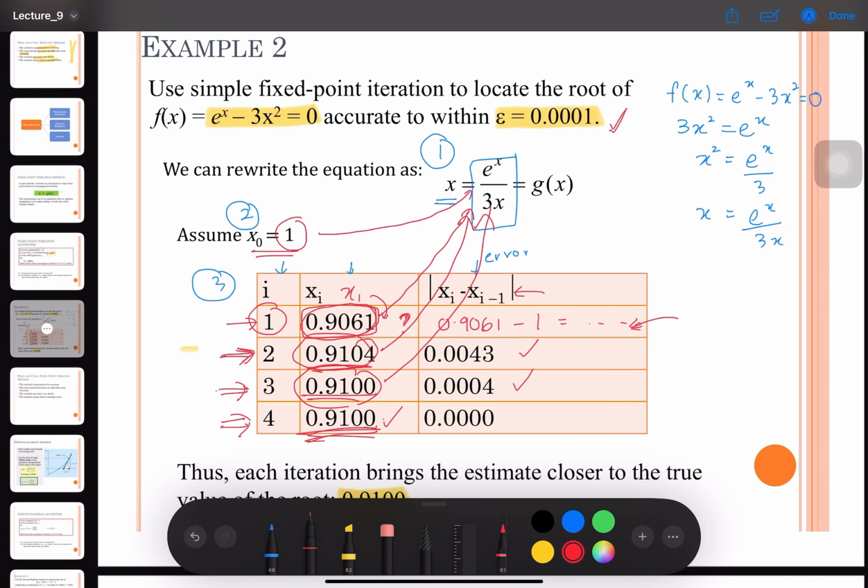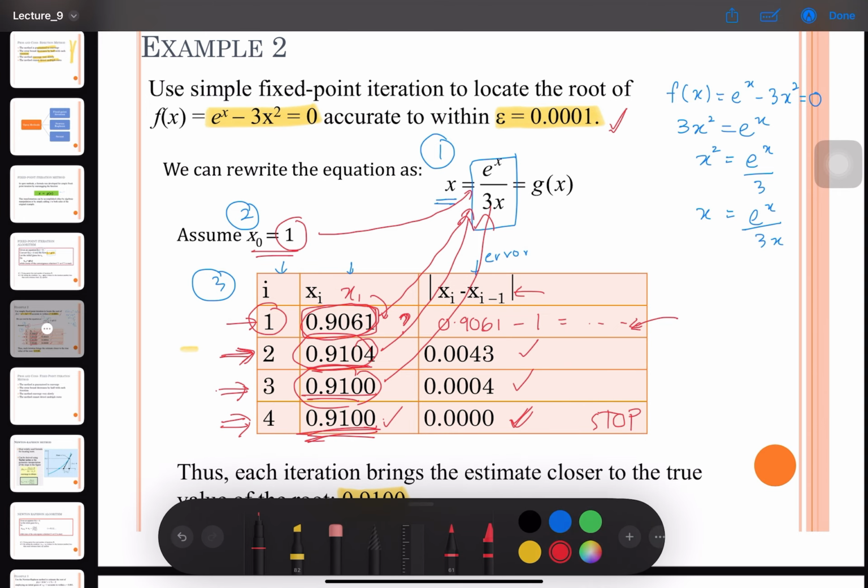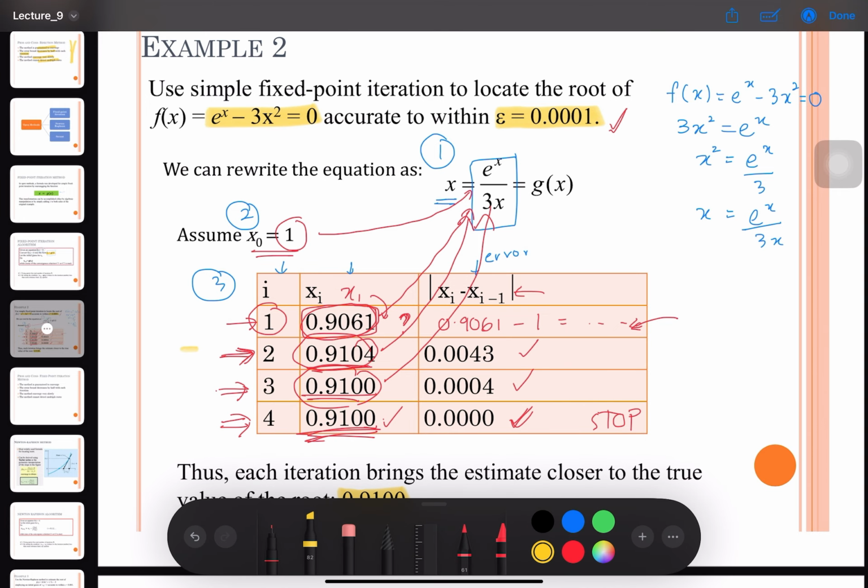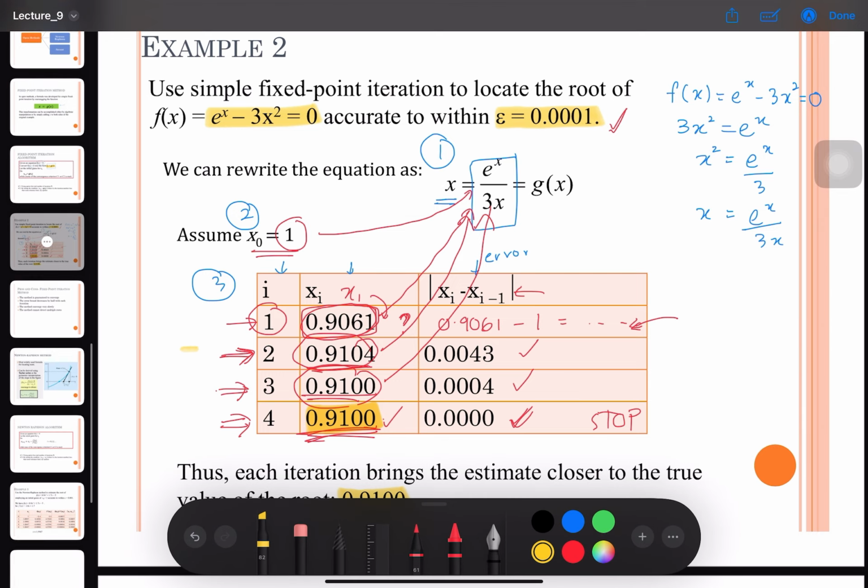And check the error. Now your error is 0, lesser than the given error, so you can stop. So now which one is your x? Your x is the one in this box, the last column, the last row for your column xi. So this is your final answer.